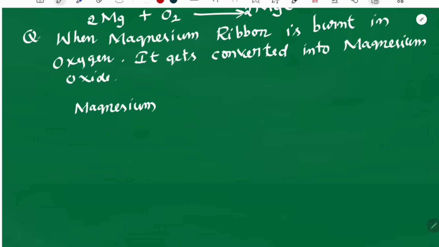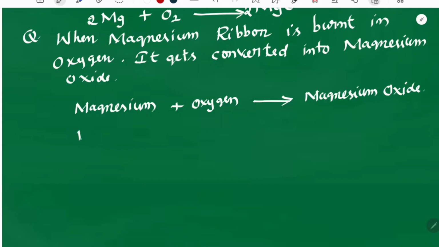This magnesium is reacting when burnt in oxygen. Air also sometimes they can ask. So magnesium and oxygen give magnesium oxide. This is called a word equation.